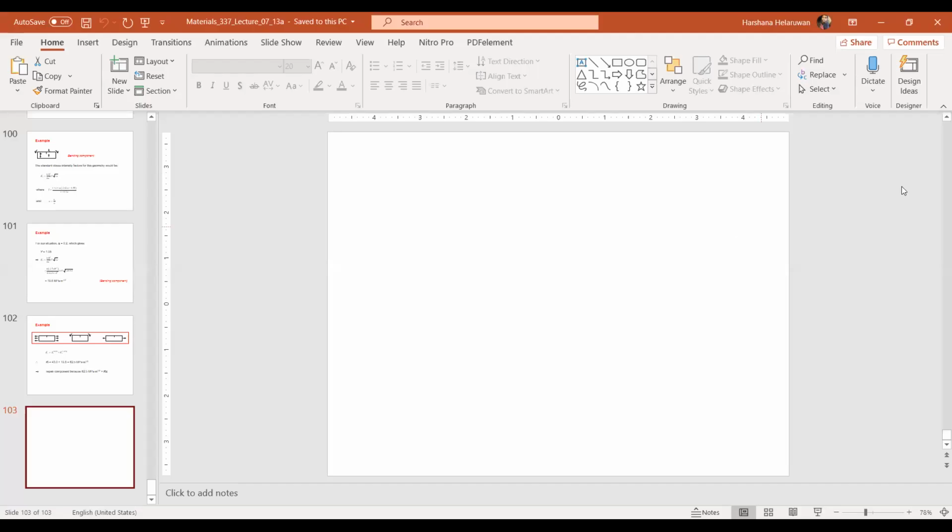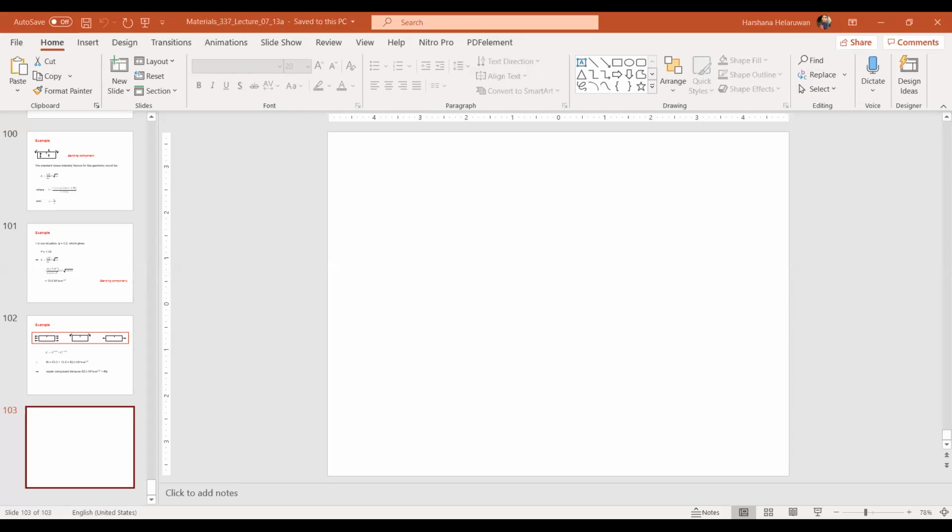Okay, I will continue with the tutorial. I will explain this question only because there are only two questions, I think. Yes, two questions. Anyway, in this question you can see the figure, there is a crack.